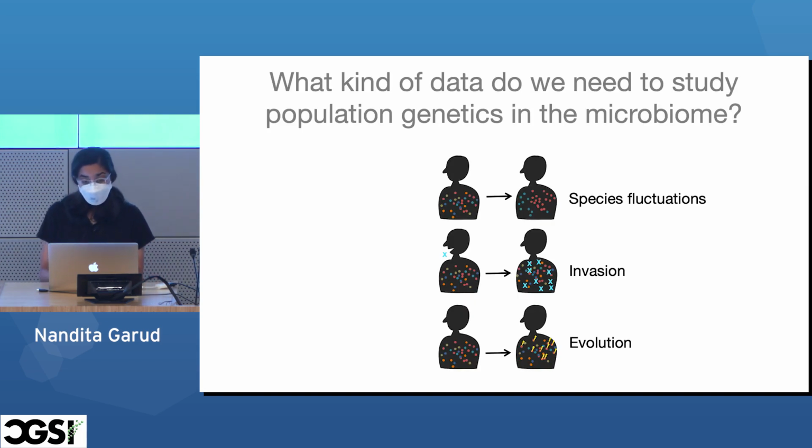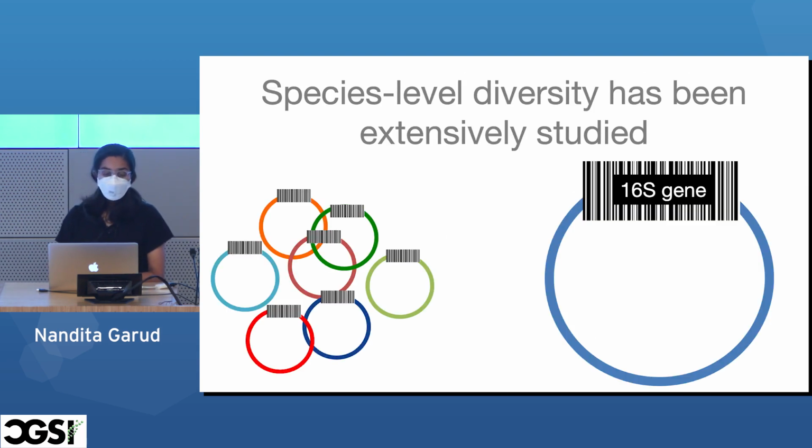What kind of data do we need to study population genetics in the microbiome? I showed you these three different processes that can happen in the microbiome. A very popular and affordable type of data for studying microbiomes is 16S data. 16S data, if you're not familiar with it, is a kind of barcode or amplicon technology.